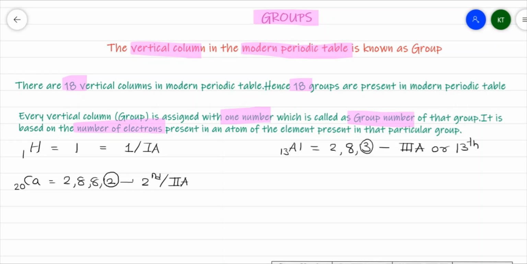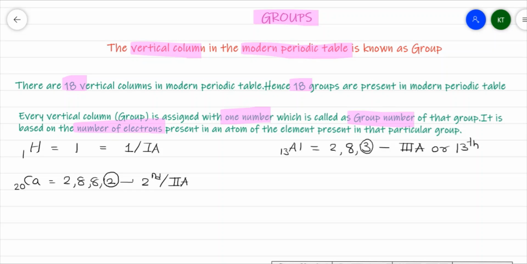Why 13th? Because between 3 and 12 I have 10 transition elements, which we don't have in our study. So I have to add 10 electrons in that valence shell. So 3 plus 10 becomes 13, hence the group number becomes 13th.